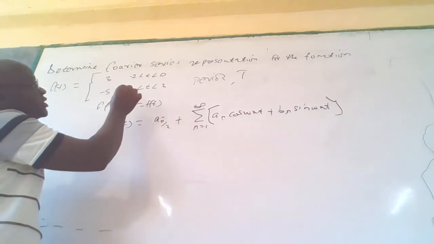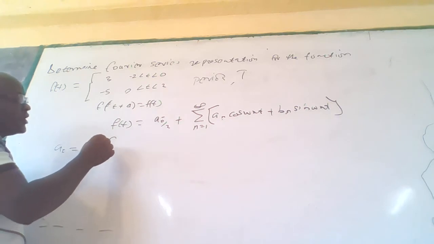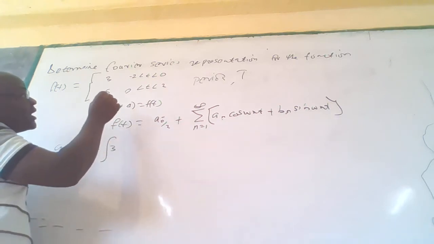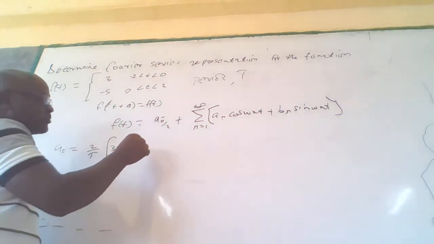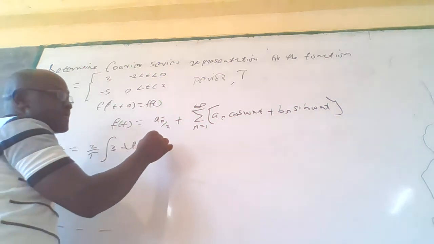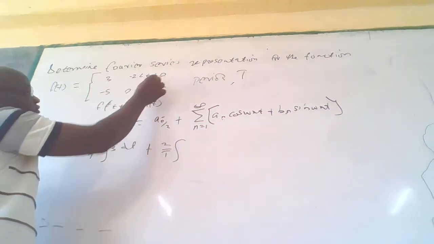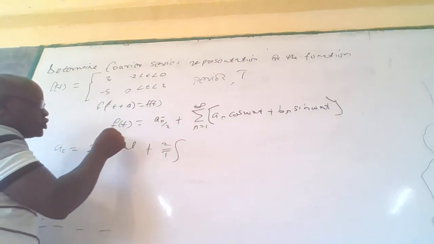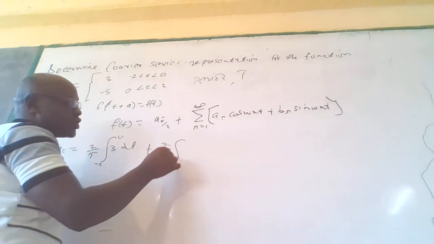Then, of course, we are integrating this, so it will be 3 dt, and then plus 2 over T for this interval. Remember, this is from -2 to 0, and this is from 0 to 2.